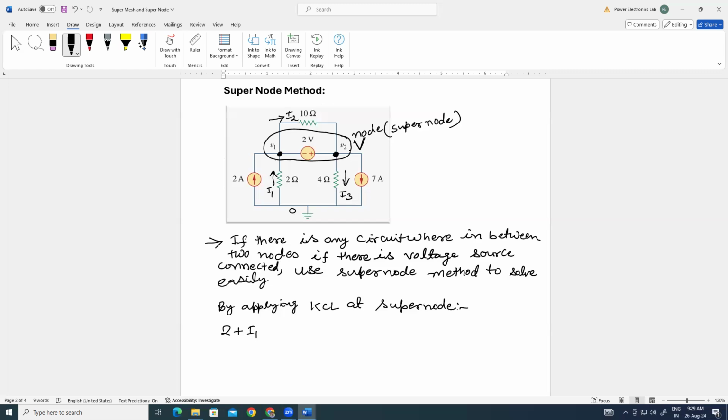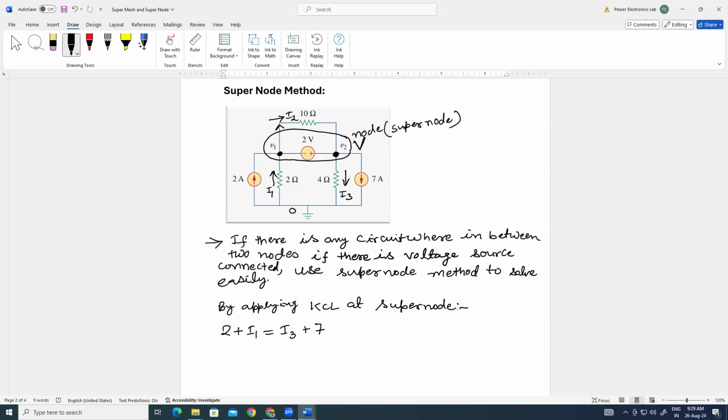So 2 plus I1 is equal to I3 plus 7. What about I2?